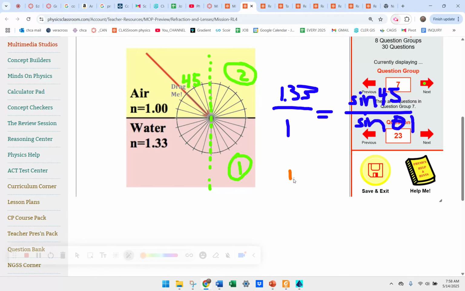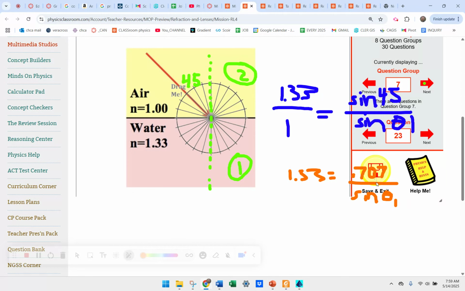So if you work this through, of course, you end up with 1.33 equals the sine of 45, which is something like 0.707, divided by sine of our angle, sine of theta 1. You've got to be a little bit careful here because a lot of people mess up.